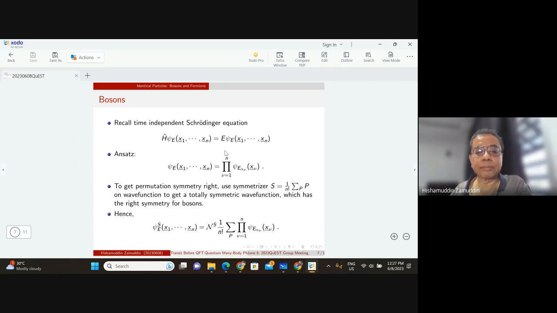Anyway, to get the permutation symmetry right for the case of the bosons, which requires a totally symmetric wave function, you use a symmetrizer, which involves the permutation operator, previously the Tij, but now going with all the pairs that are possible. Then you implement this symmetrizer operator onto the product of single particle wave functions, and essentially you get your wave function for your particles.